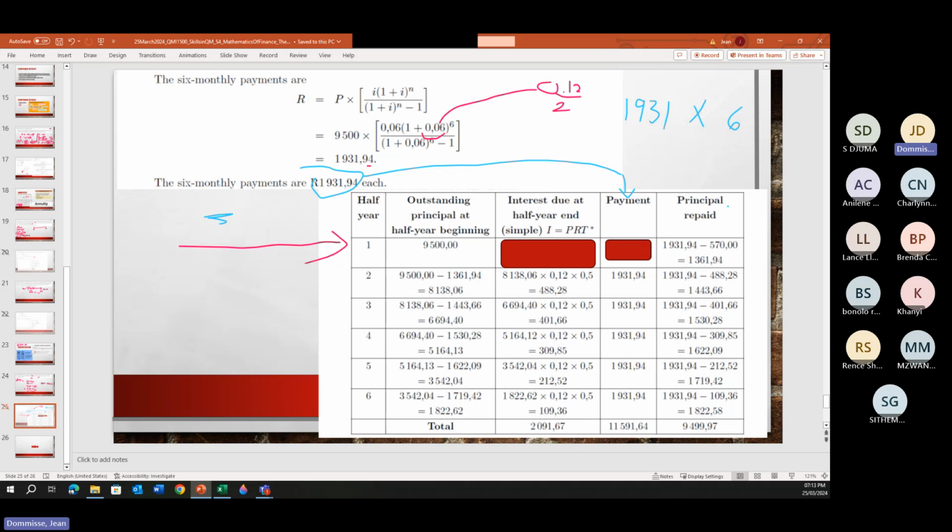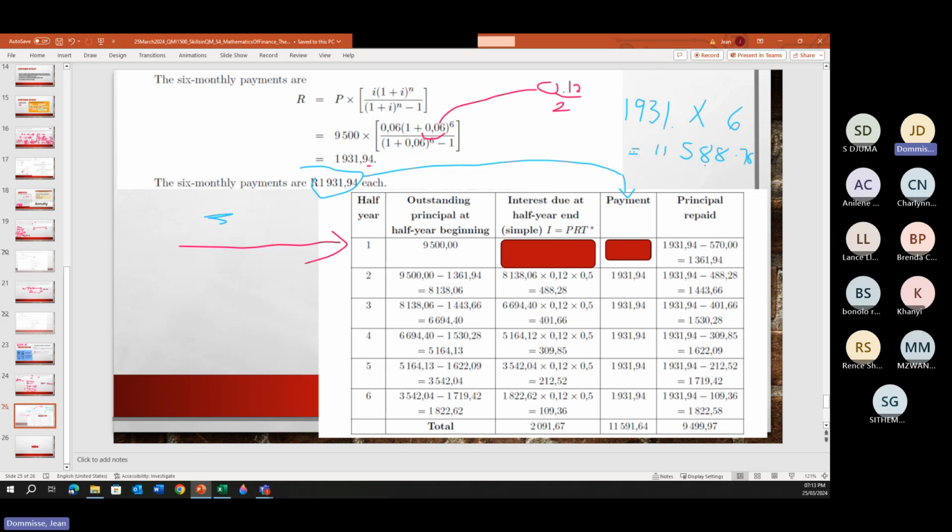So in essence, Sibongile paid 11,588 Rand and 70 cents. Okay, it's a bit different because of rounding off.